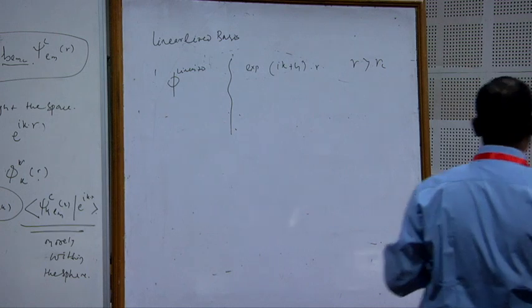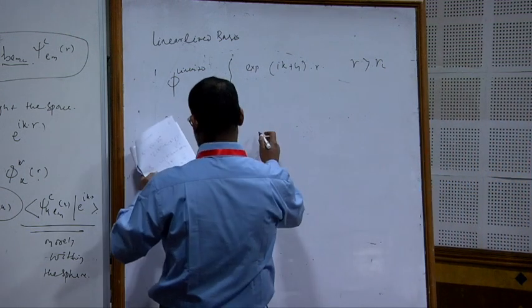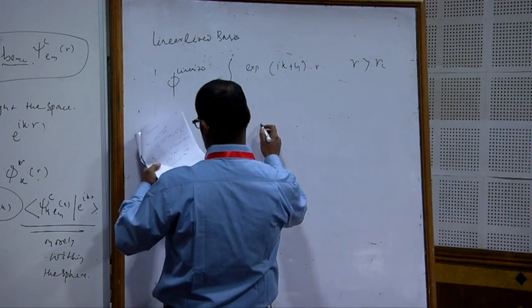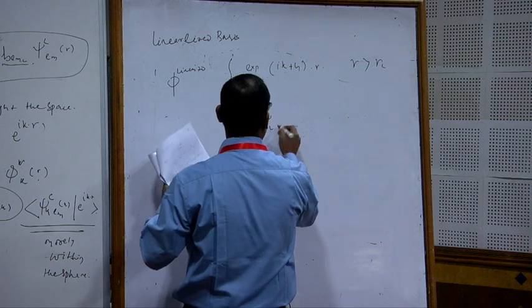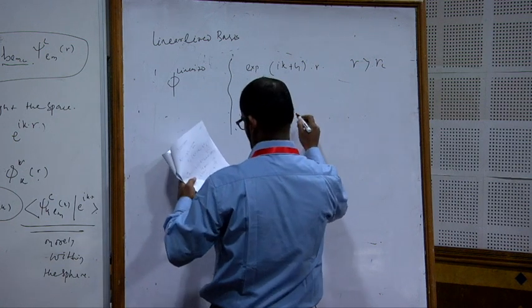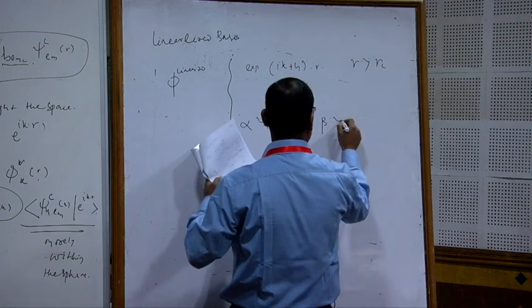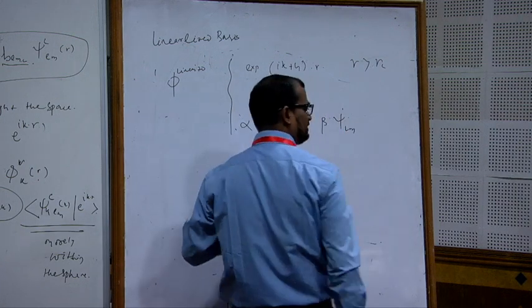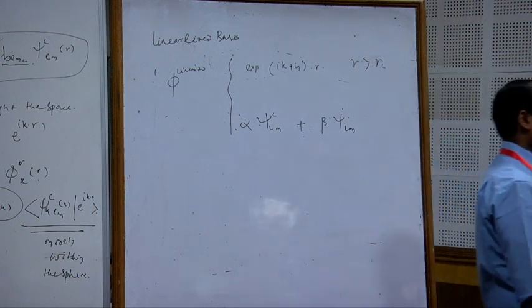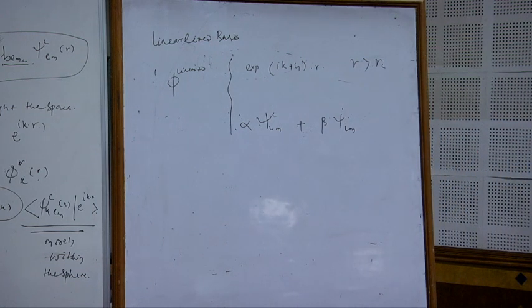But inside the sphere, it will have a combination of the wave function defined inside the sphere as well as its first derivative. I'm not going to discuss why the first derivative, how it helps, and so on.